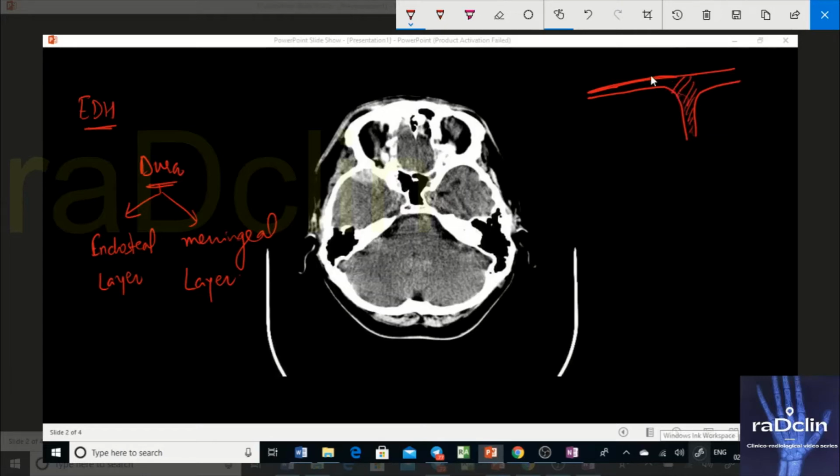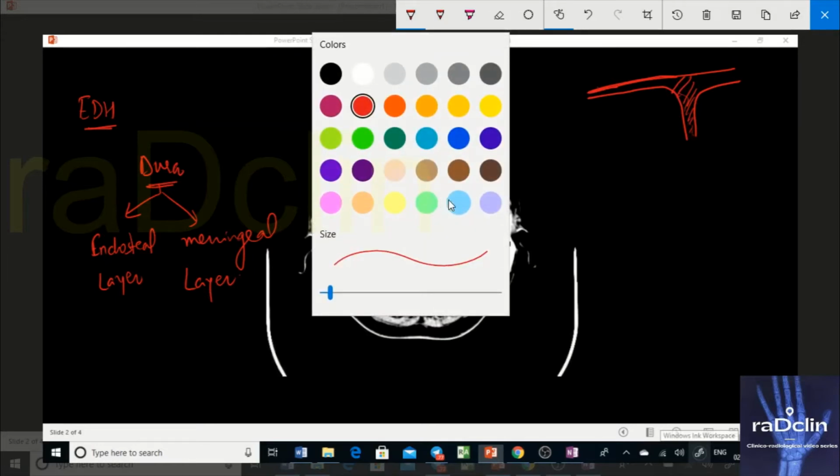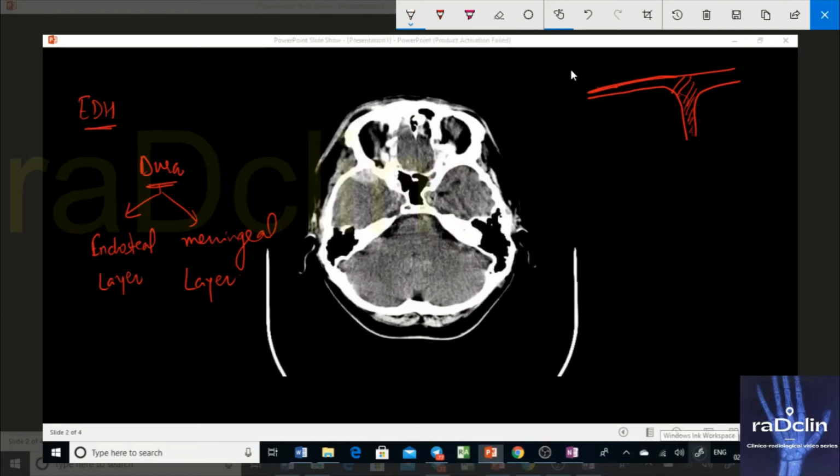So that is one thing. And this is your calvaria, drawn with the white line. This is your endosteal layer, I'm putting E there, and this is your meningeal layer.